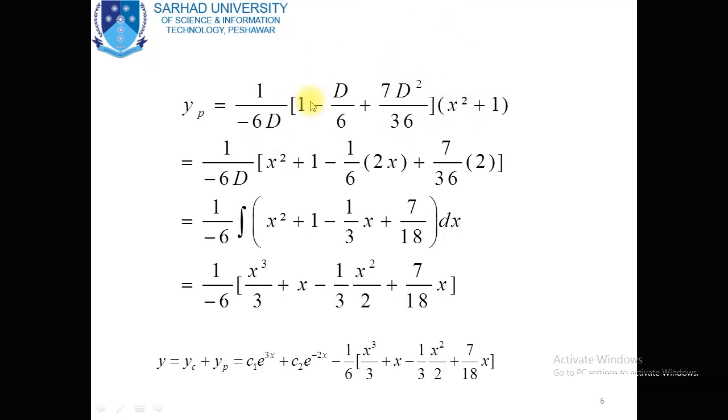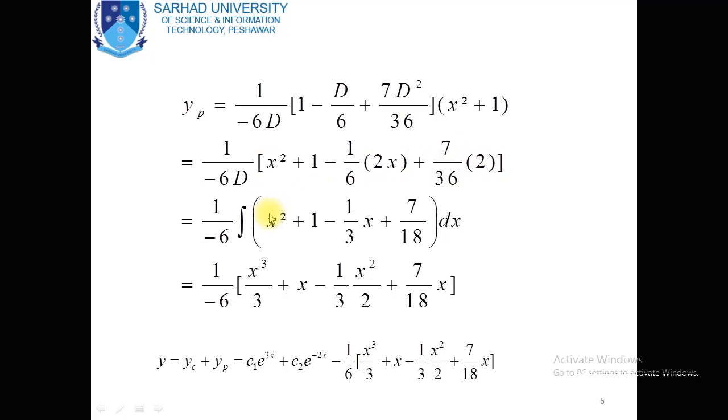Now x square plus 1 multiplied with 1 gives x square plus 1, and d means the derivative of this term, 2x, and the derivative of 1 is 0. So minus 1 over 6 into 2x, and 2x is the first derivative, so the second derivative will be 2, 7 by 36 into 2.